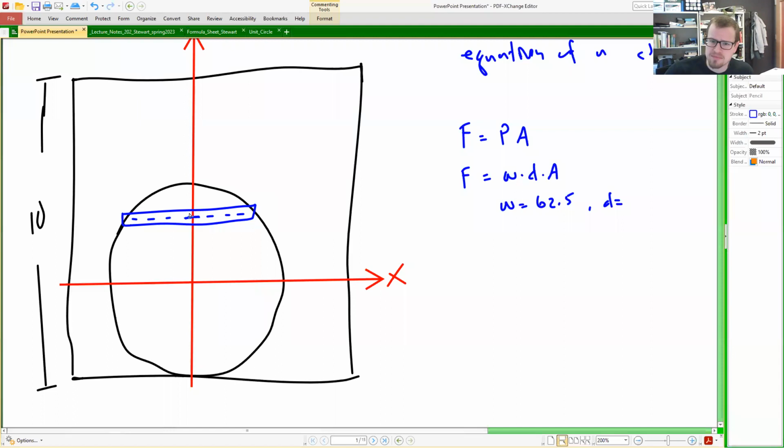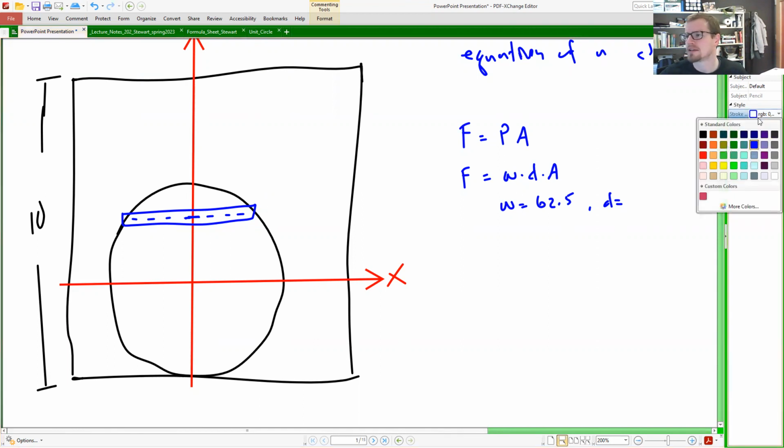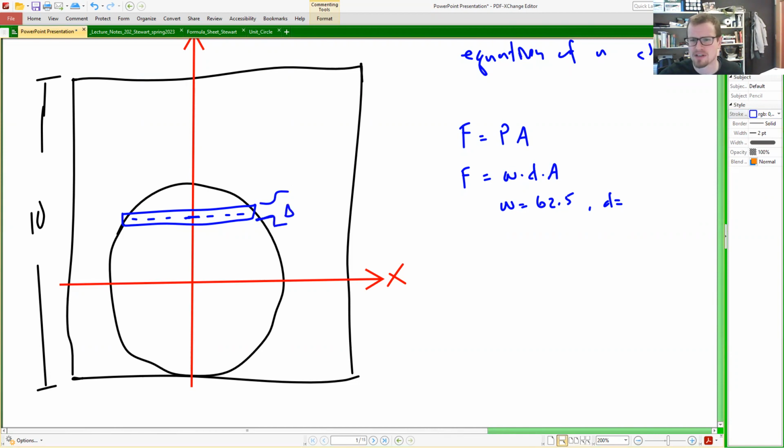All right, so I have my rectangle. I need to find the area of this rectangle. I can label this distance as the change in y, because that's the change in depth here. And what we want to do is find this total width here.